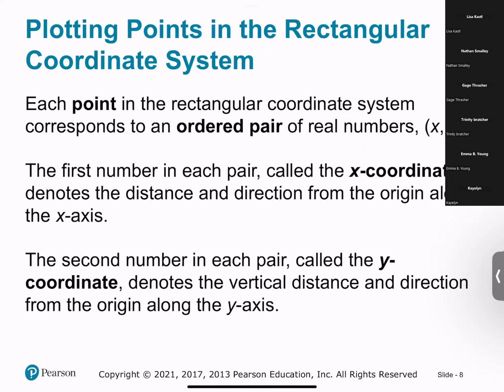Okay, so each point in the rectangular coordinate system corresponds to an ordered pair of real numbers, x and y. The first number in each pair is called the x-coordinate, and it denotes the distance and direction from the origin along the x-axis. And the second number in this ordered pair is called the y-coordinate, and it denotes the vertical distance and direction from the origin on the y-axis.